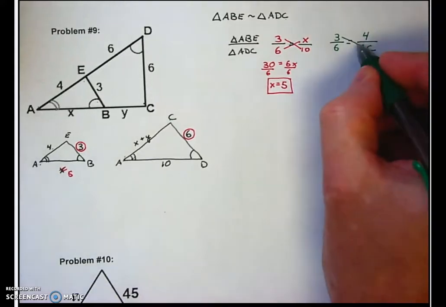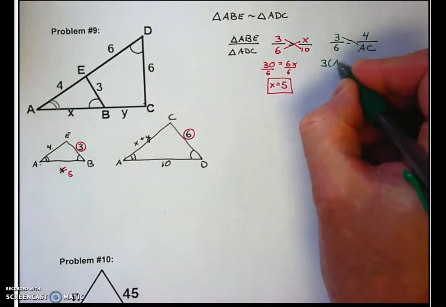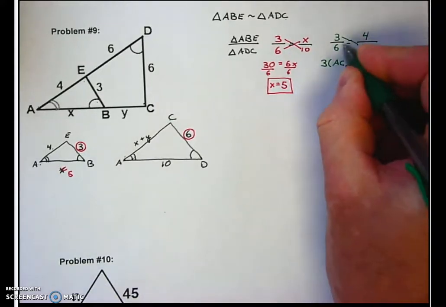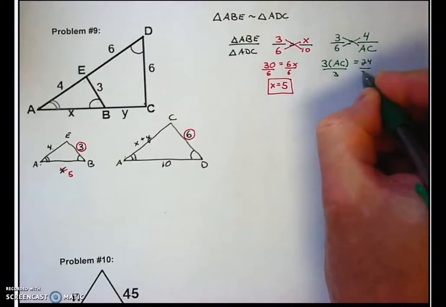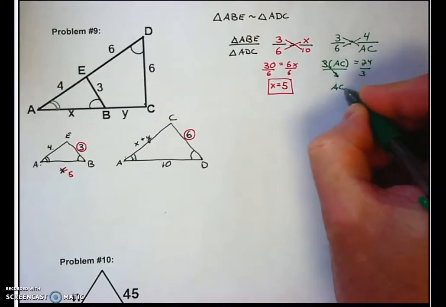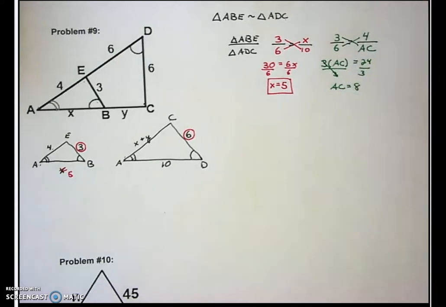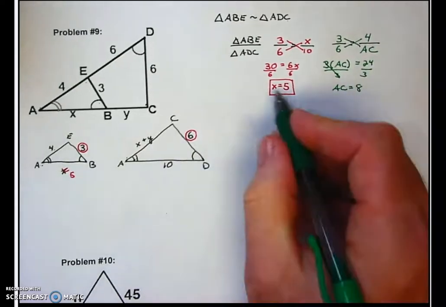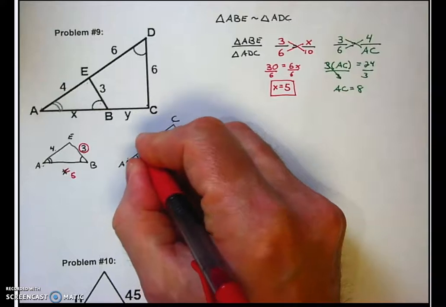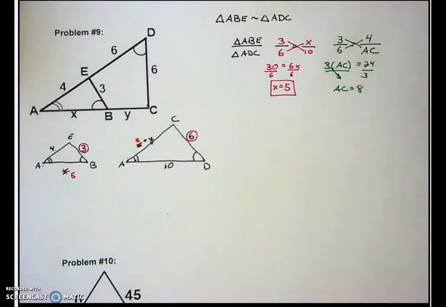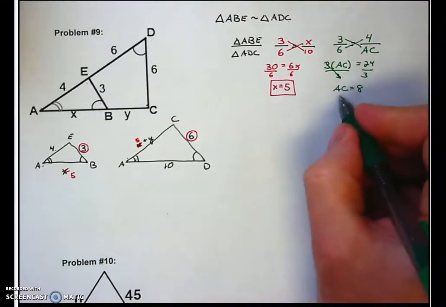So cross multiplying, we get 3 times AC equals 24. When I divide both sides by 3, I get AC equals 8. Now remember, X is 5. So I can come in here and change this X to a 5. And AC is 5 plus Y.